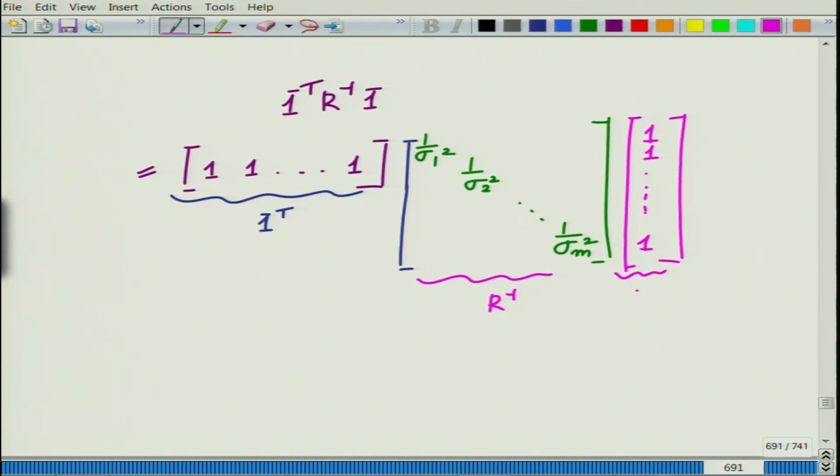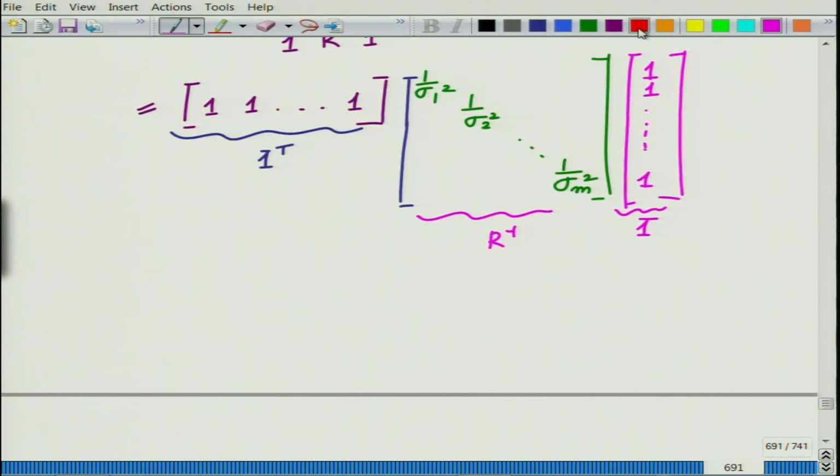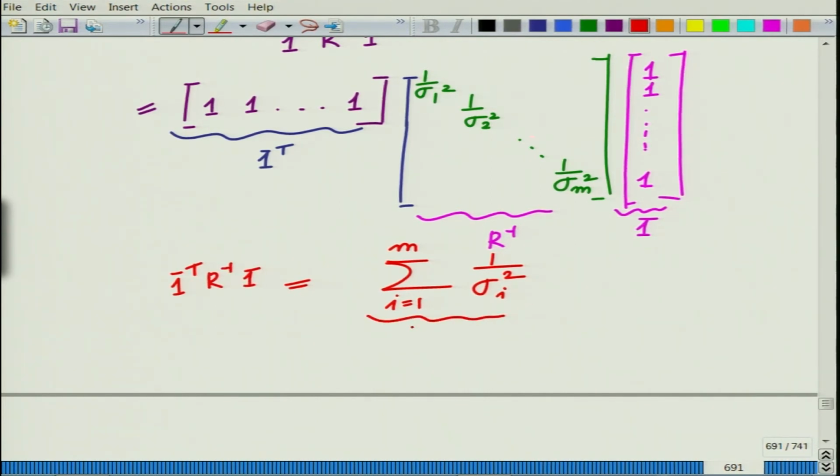If you simplify this, you can clearly see this is nothing but summation i equal to 1 to m 1 over sigma i square. This is a scalar quantity.